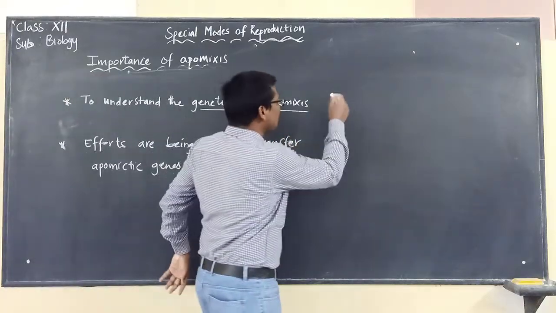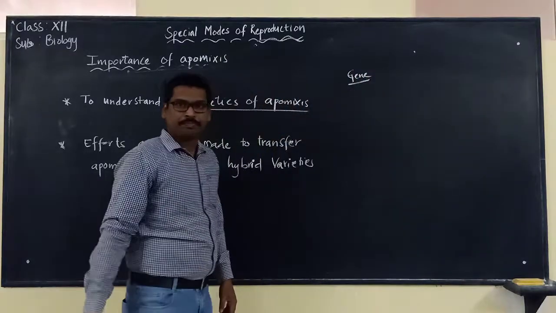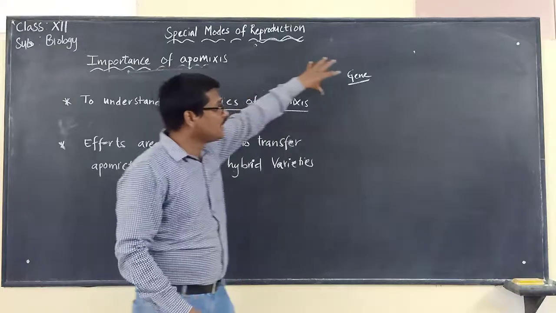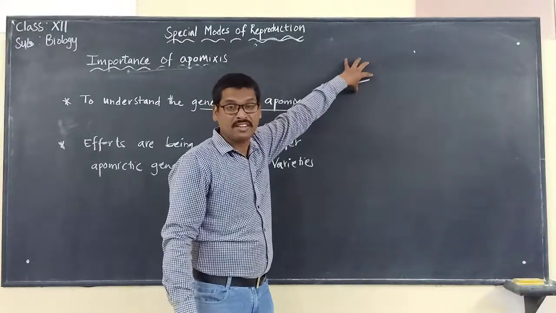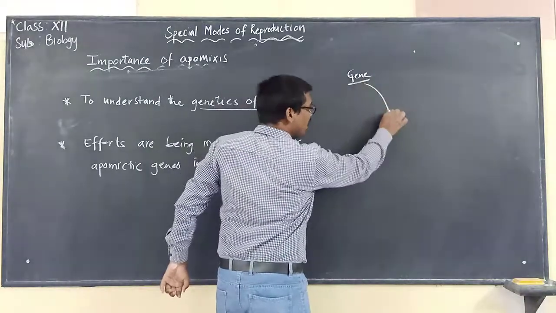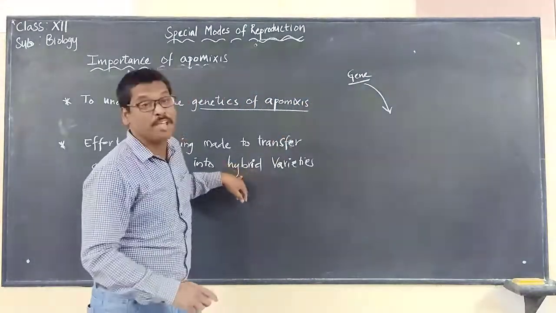So let us imagine here is the gene responsible for apomixis. Now what is their aim? They want to introduce this particular gene into the hybrid varieties.